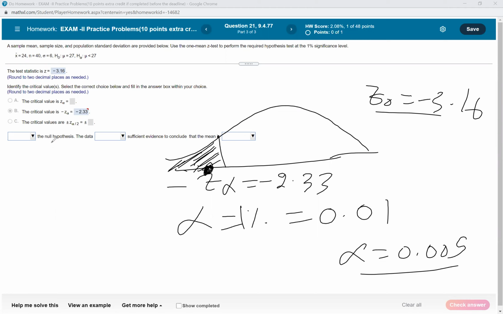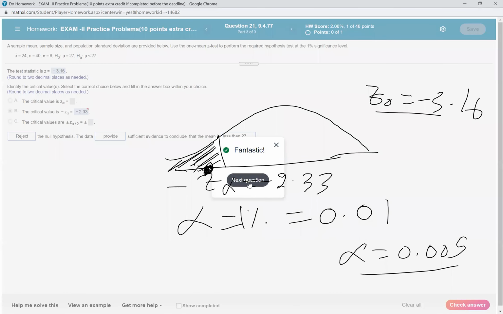So we reject the null hypothesis. Our decision should be to reject the null hypothesis. So the data provide sufficient evidence to conclude that the mean is less than 27, because the alternative is that the mean is less than 27. Yeah, that's the correct answer.